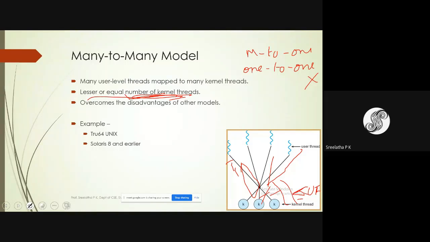So these are the examples: a version of the Unix operating system and Solaris 8 and earlier systems used this mapping technique. So you have seen in this class three models of multi-threaded mapping.